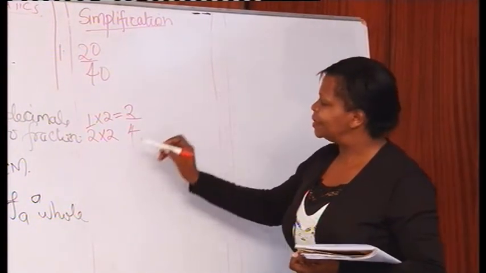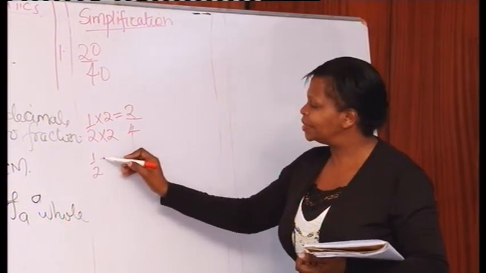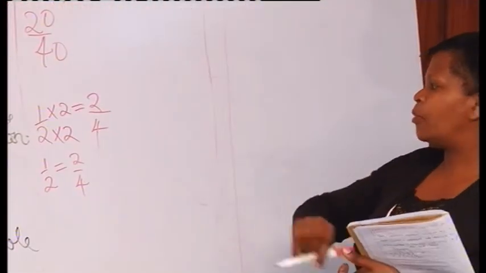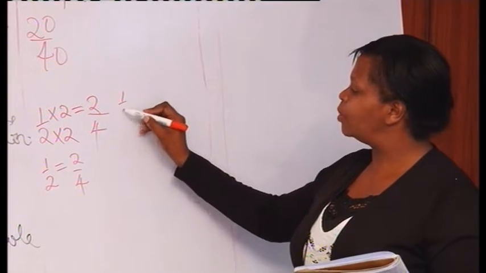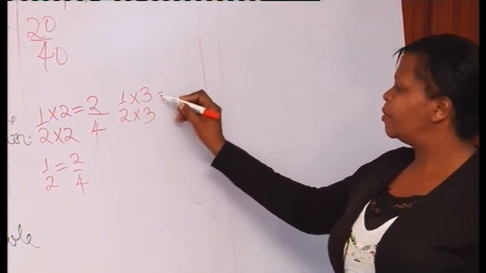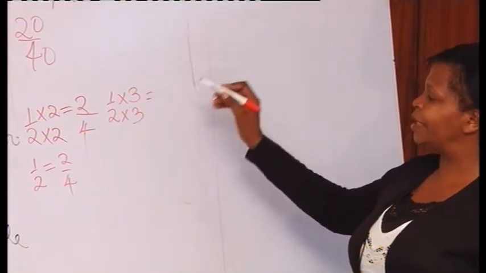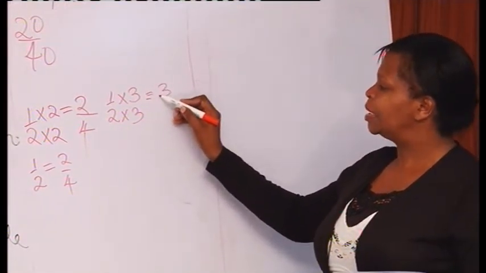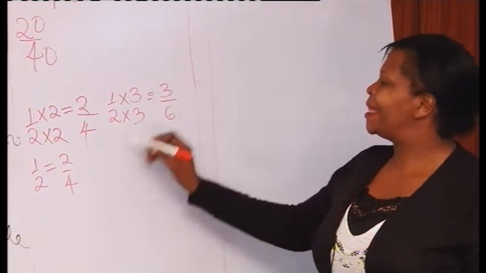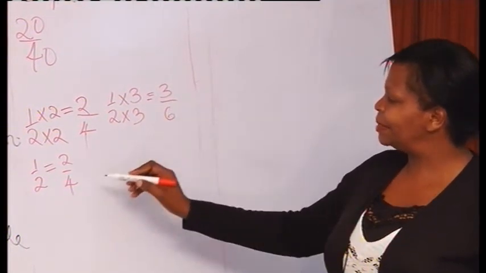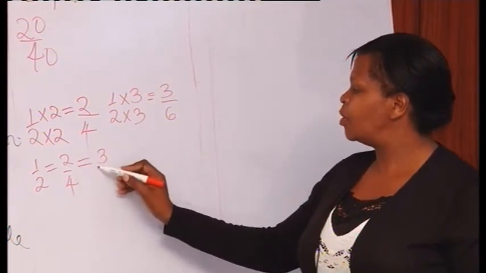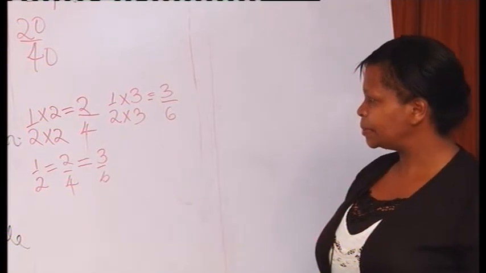So this means that 1 over 2 is the same as 2 over 4. Now we also did 1 over 2 again, multiplying by 3, whereby 1 times 3 you'll get 3, and 2 times 3 you'll get 6. Meaning this fraction is the same as 1 over 2, so I can also write 3 over 6.